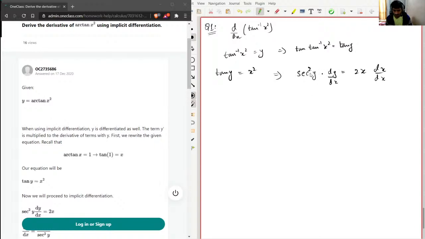Now I will just divide secant square y on both the sides. So this will become dy by dx is 1 over secant square y times 2x.